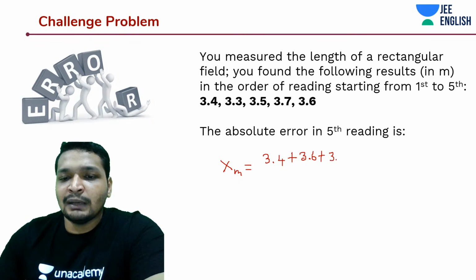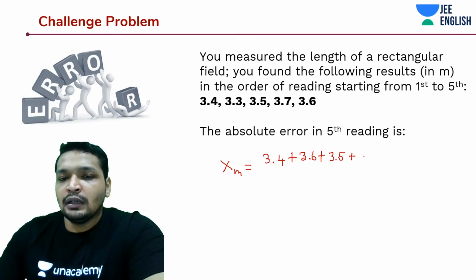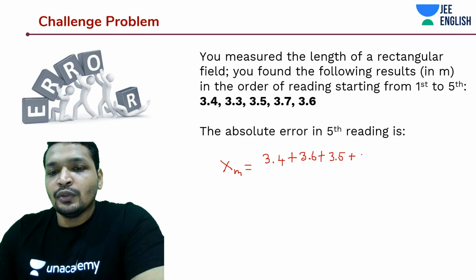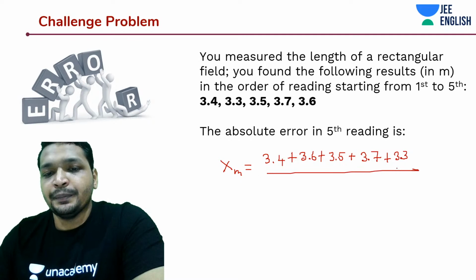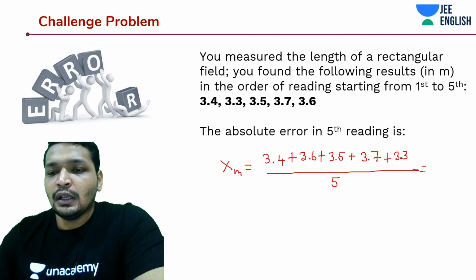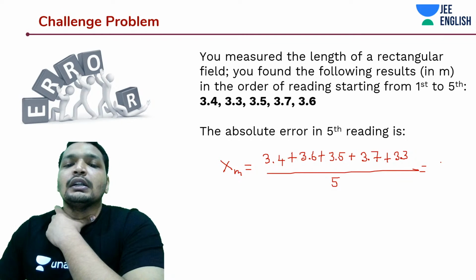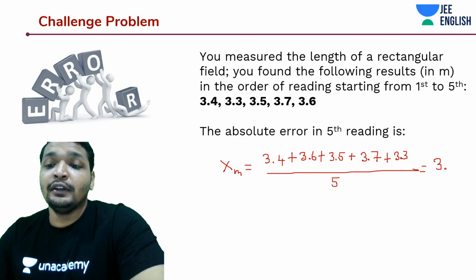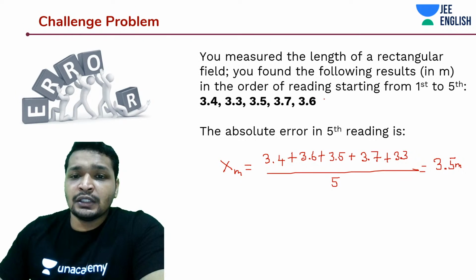Combine those that give you a whole number, so this is going to be 3.7 plus 3.3. That way my calculation becomes easier. There are 5 readings, and we got this as 3.5 meters. Sorry, really sorry. And my fifth reading is what I'm concerned about.